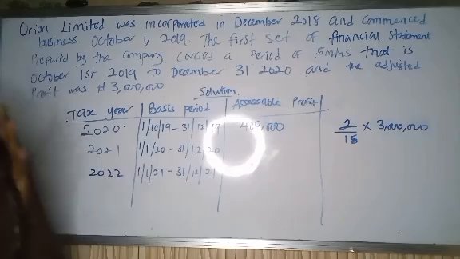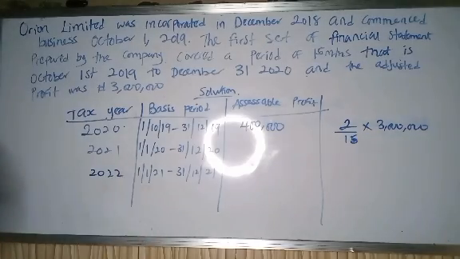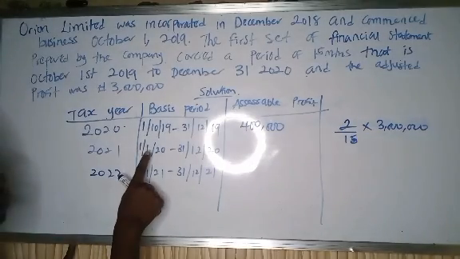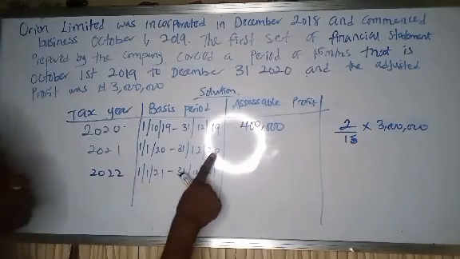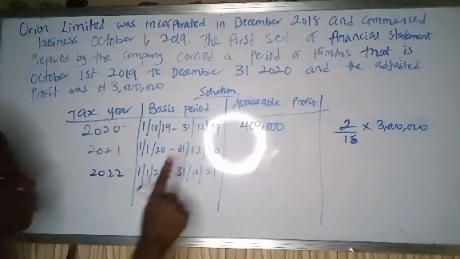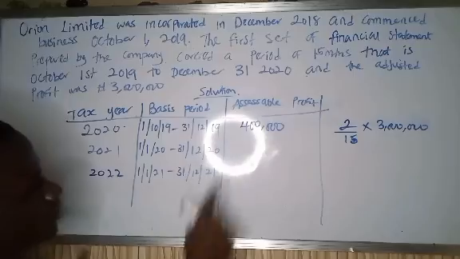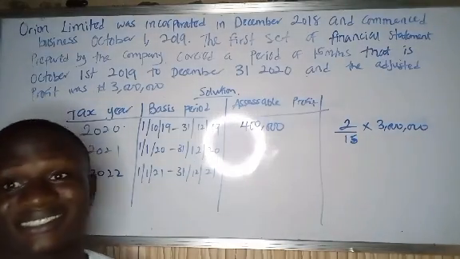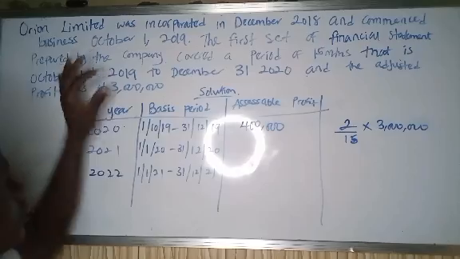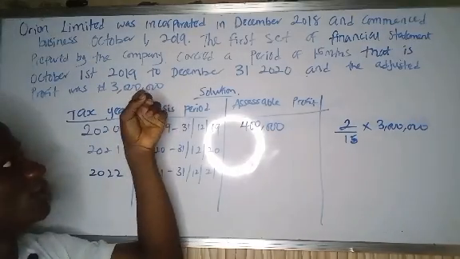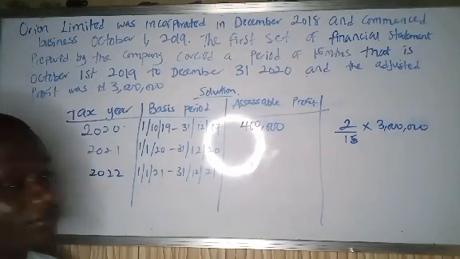So now, from a period of January 1st, 2020 to a period of 31st December 2020, that's 12 months. So I need a period of 12 months to be removed from this 3 million naira.